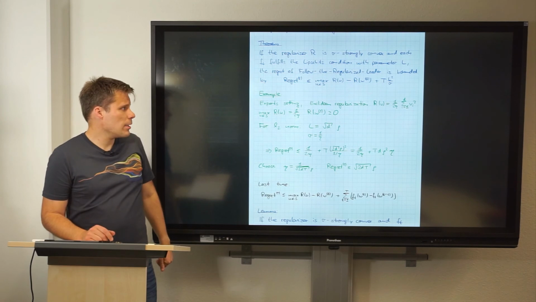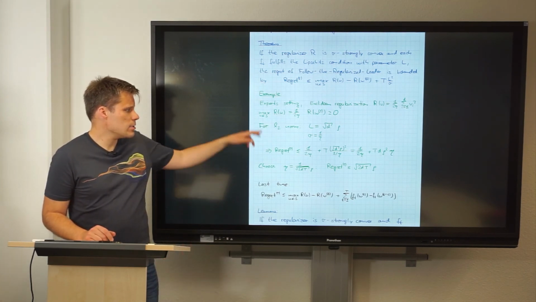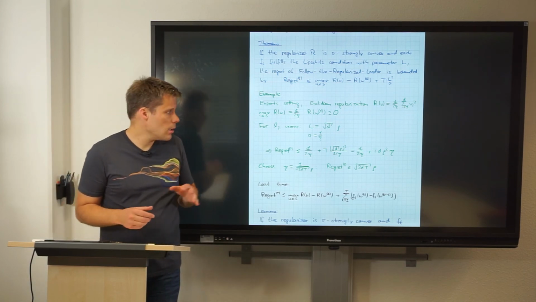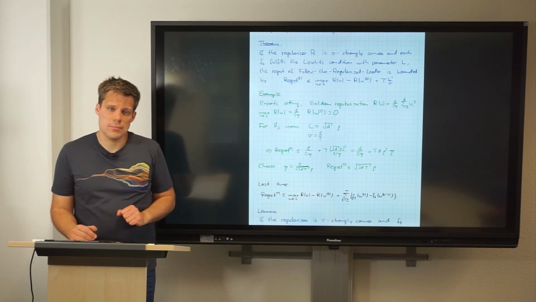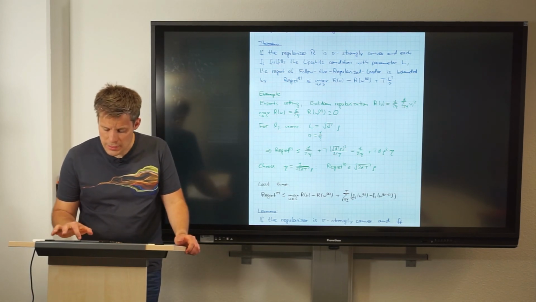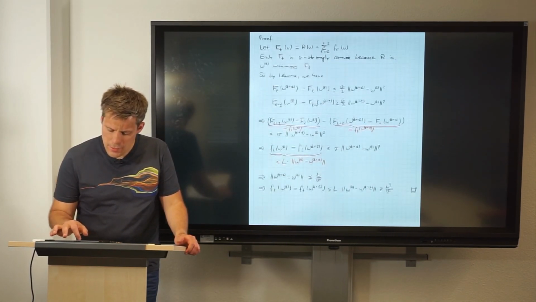Here we were applying Euclidean regularization. Now let's talk about entropic regularization. This was the multiplicative weights algorithm.